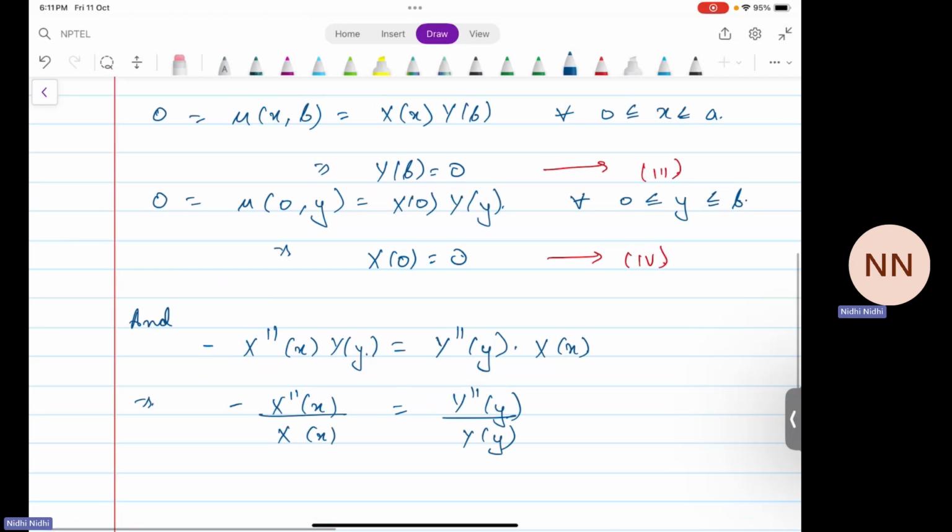So this is possible only if they both are equal to some constant lambda.